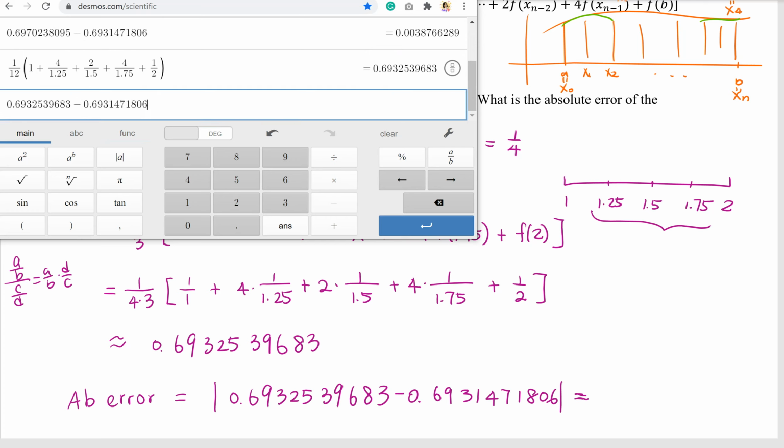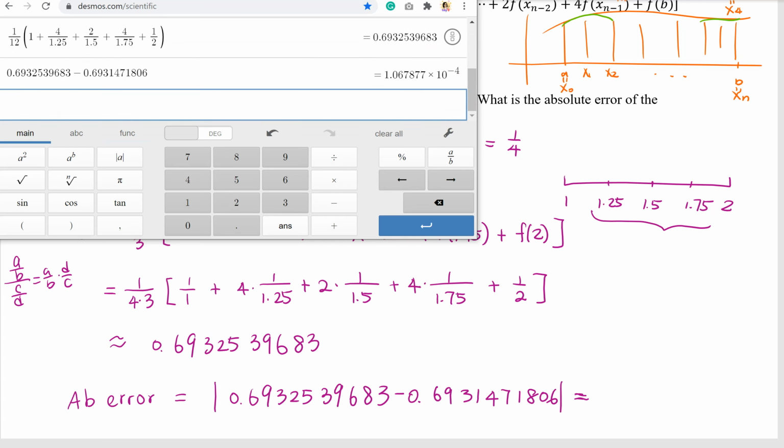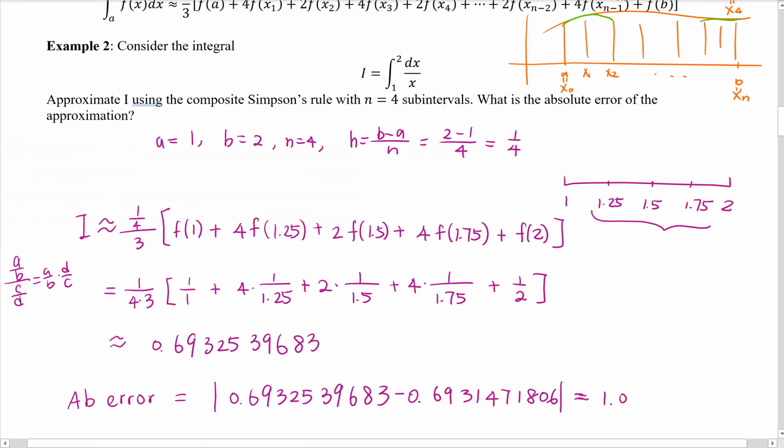Okay, so we get 1.067877 times 10 to the minus 4.